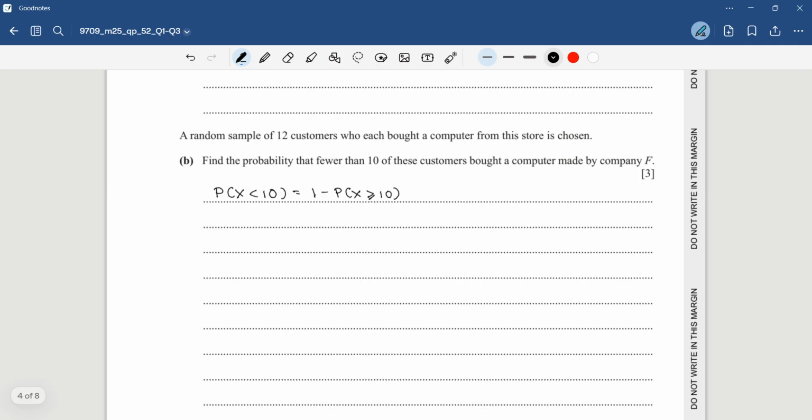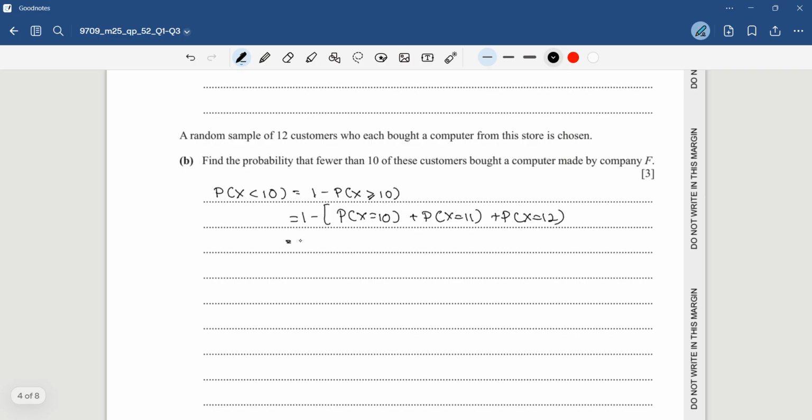And if I say at least 10, it means out of 12 customers, 10 of them bought from F, or out of 12 customers, 11 buy from F. Okay, so it's going to be 1 minus the probability of X equal to 10 or X equal to 11 or X equal to 12.